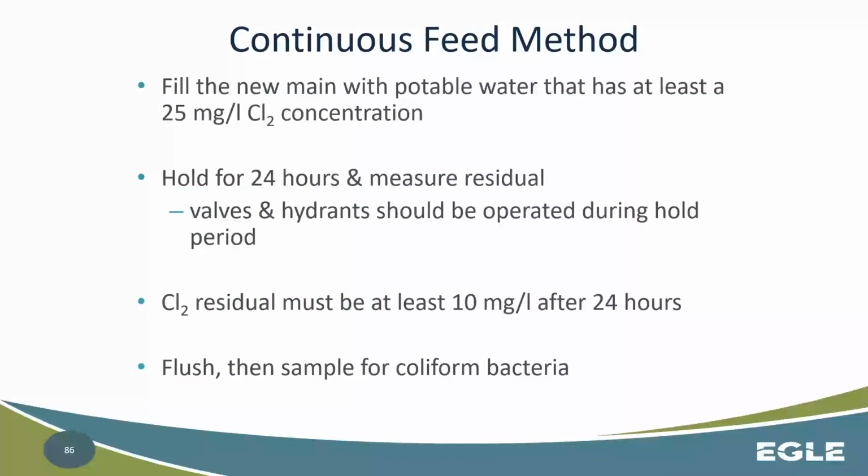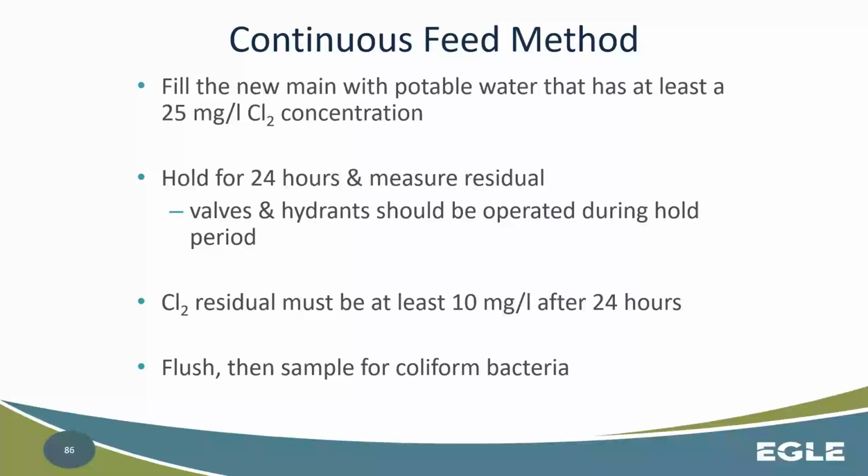So, continuous feed method: basically fill the new main with potable water that has at least 25 milligrams per liter concentration. Hold for 24 hours and measure residual. Valves and hydrants should be operated during the holding period. This should be pretty common practice for any of those methods, by the way. That chlorine residual must be at least 10 milligrams per liter after that 24-hour period.